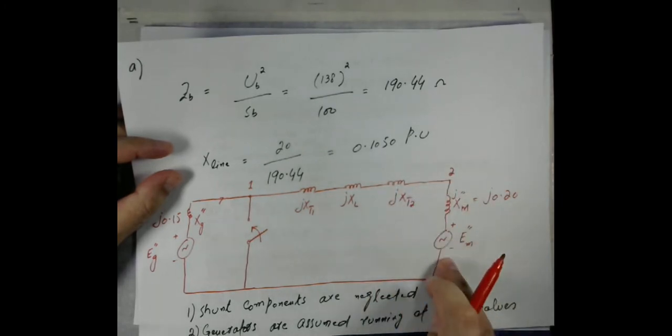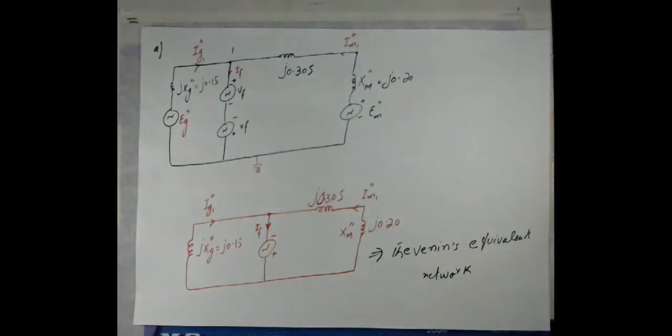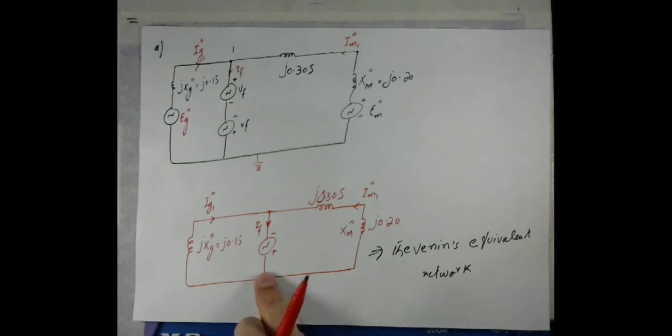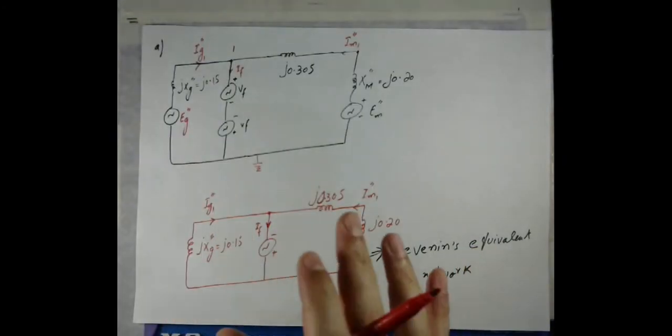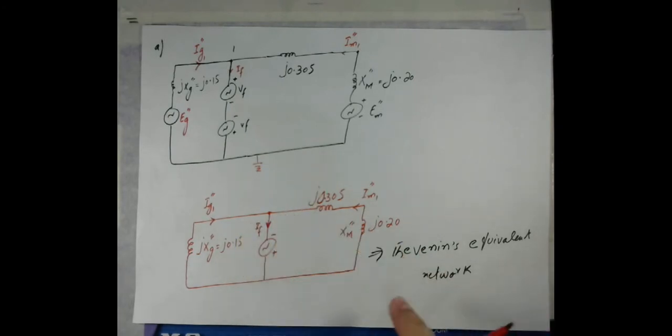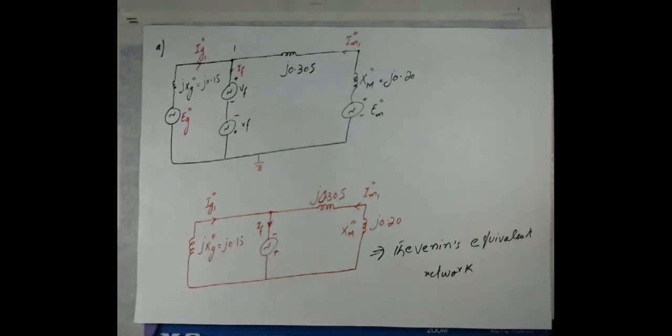So the pre-fault values will be added to the Thevenin equivalent network values to get the total result, and that's what we call the principle of superposition. So one is this case and one is the case without the fault.